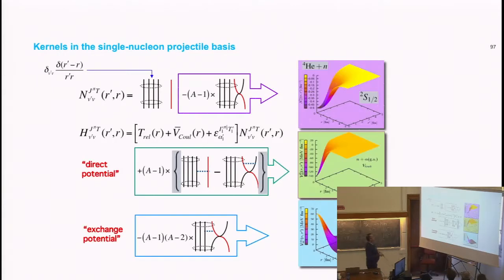Now, if I have helium-4 plus a neutron in the S wave and you calculate this object, this is what you get. It depends on the relative distance between the neutron and helium-4, so I have the coordinates R and R prime. So this is a non-local object.